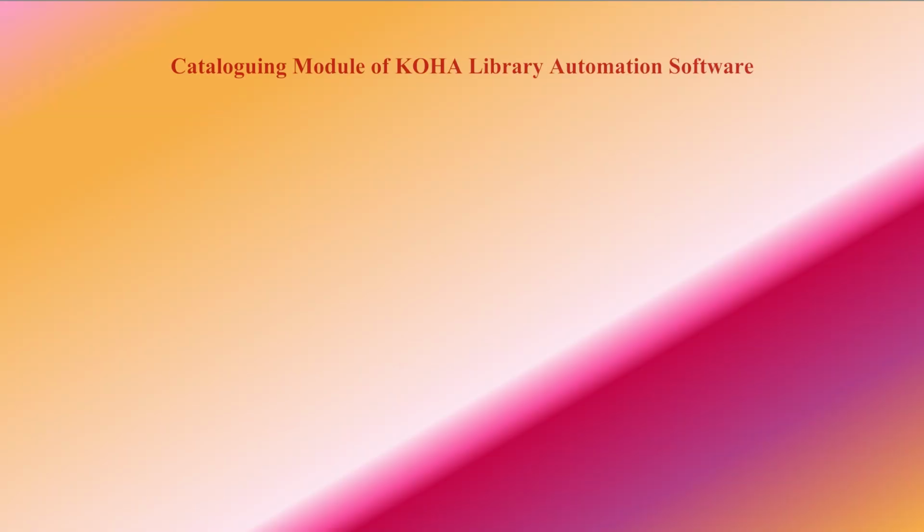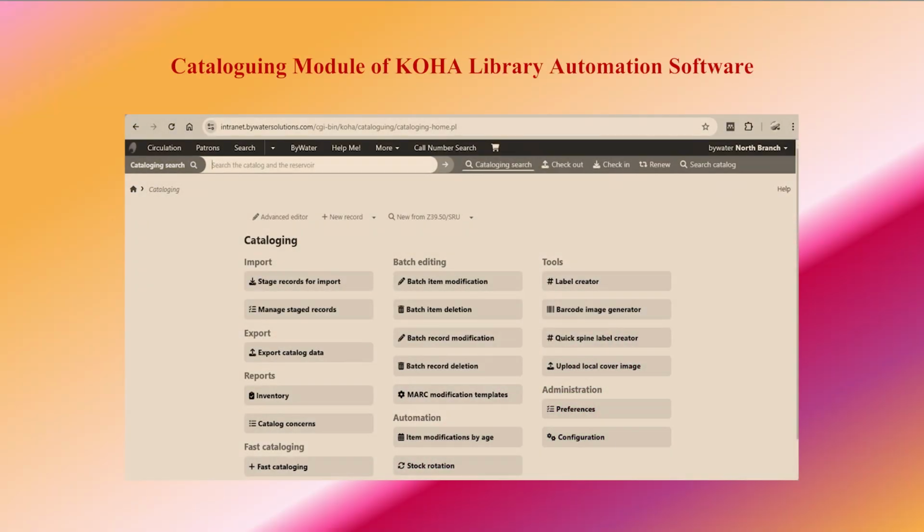Then the cataloging module in Koha. We can see how the search engines are available, what kind of books are there, how to enter this data, whether the metadata is available or not, whether Dublin Core metadata is used or not. All these things you have to see in Koha. Why is the cataloging module important? Because through Z39.50 we can download data that some libraries have already cataloged.